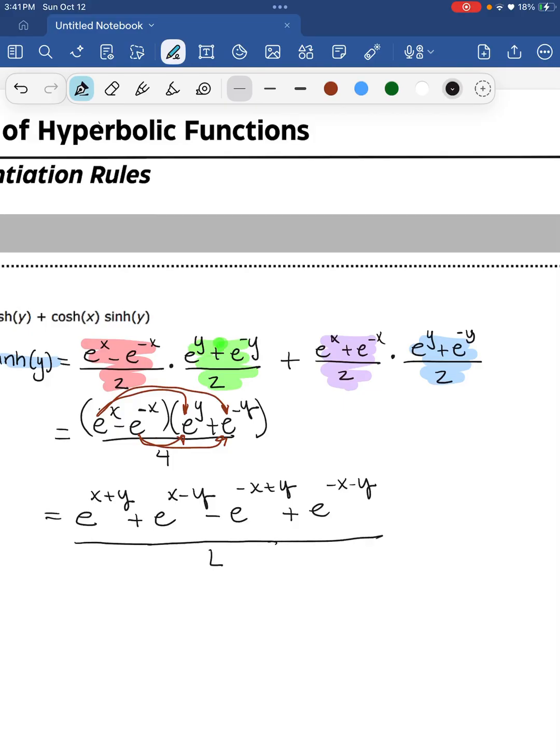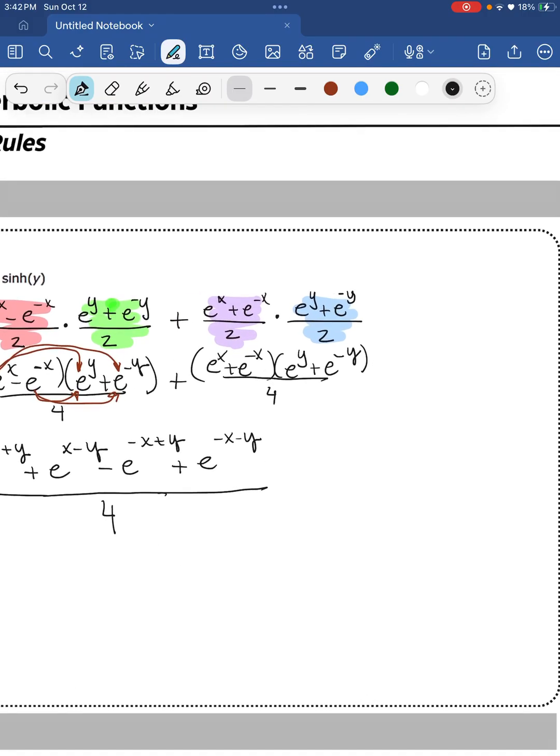So we have this one and this one, which is a negative 2e to the negative x plus y. And then last but not least, these two, which would definitely be plus 2e to the negative x minus y, all over 4.